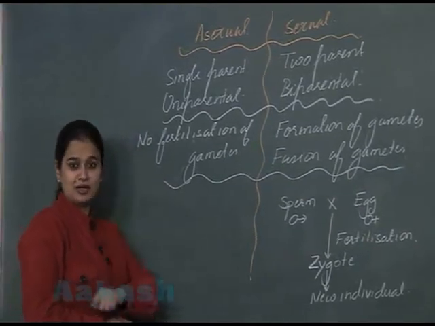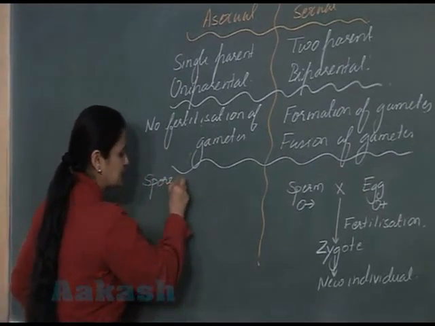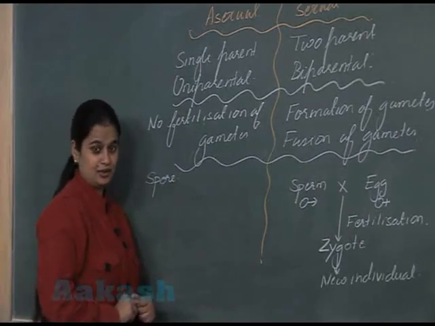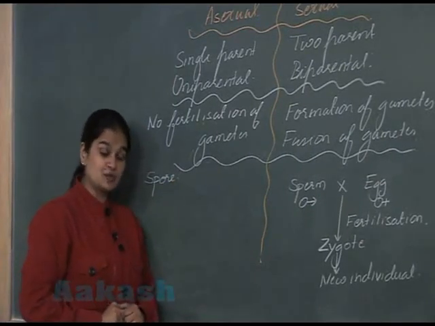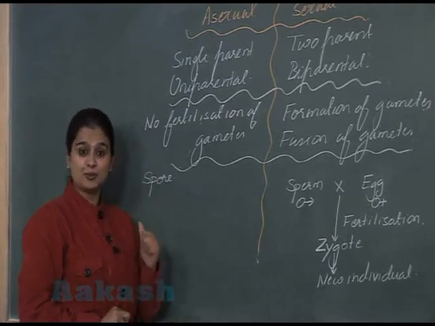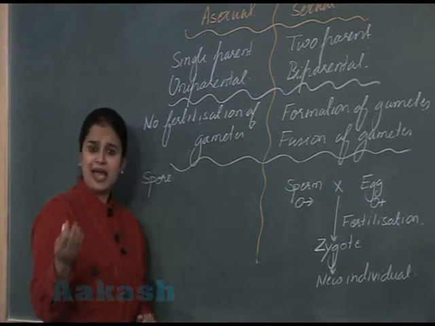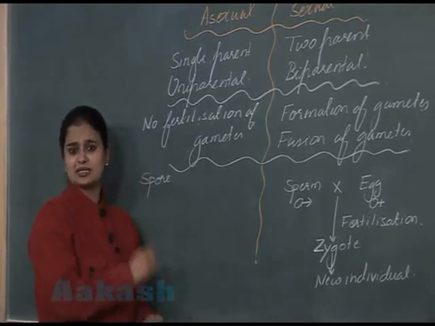Like in some organisms, there is formation of a specialized structure, that is spore. Yes. In the 10th class, you might have studied certain examples of organisms forming spores. Yes, it is produced in fungi, algae as well as bacteria.